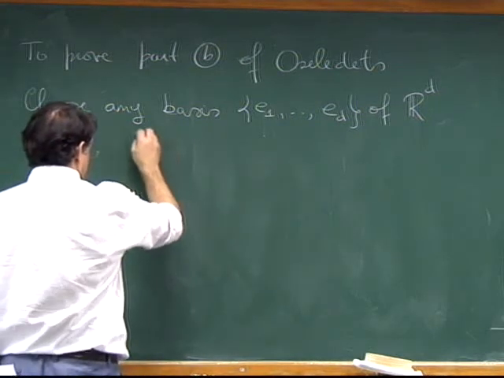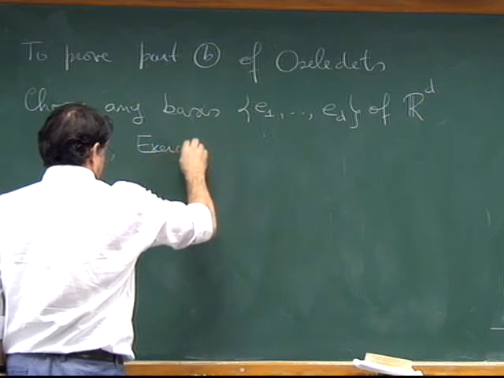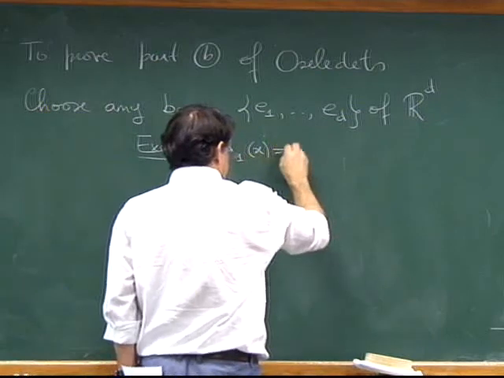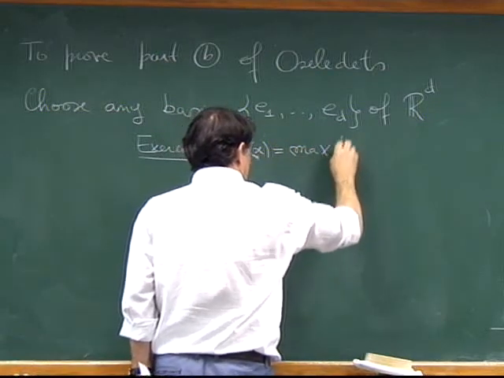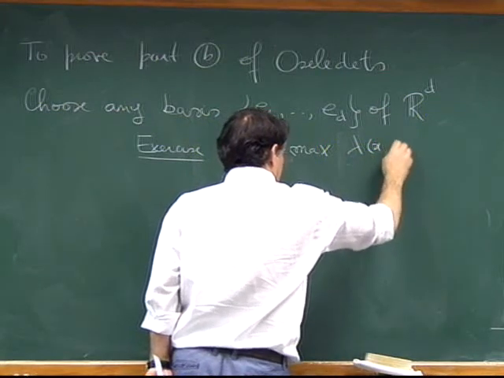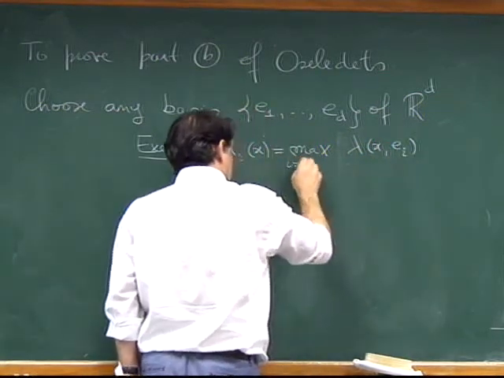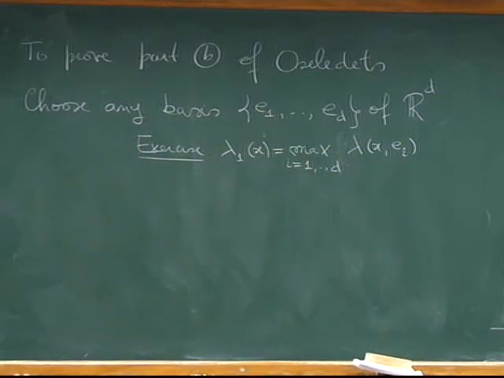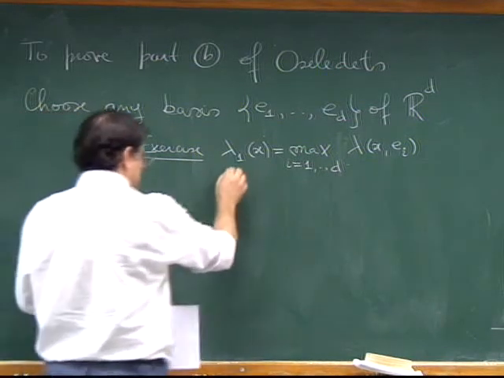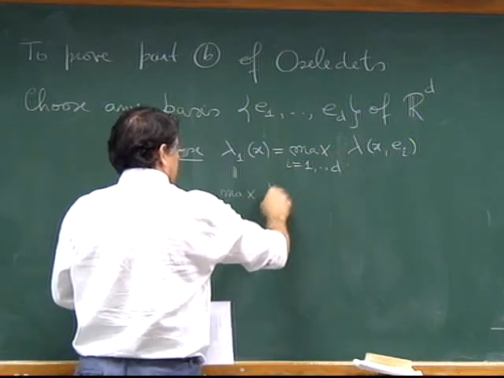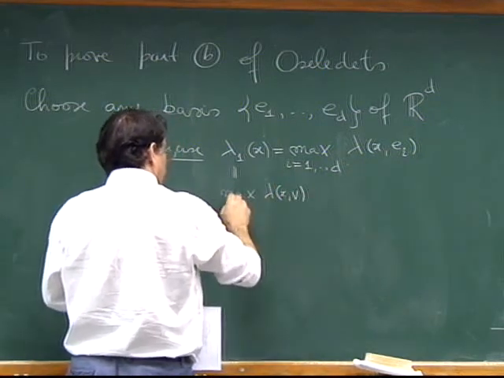Exercise: lambda 1 of x is the maximum of all lambda x ei, i from 1 to d. So remember, lambda 1 of x is the largest value. By definition, this is the maximum of lambda x v over all v.